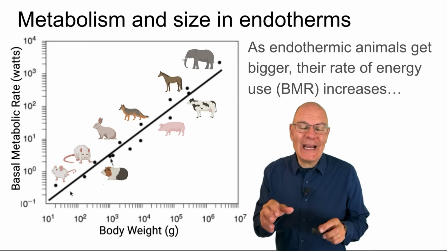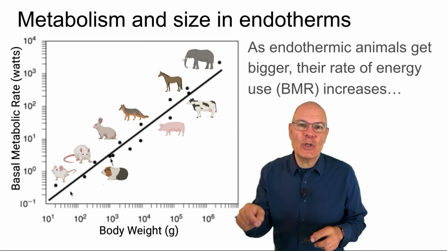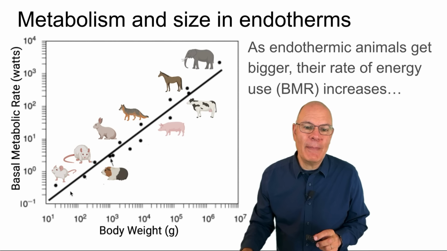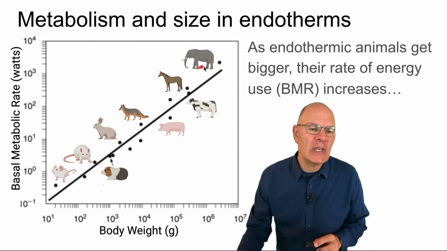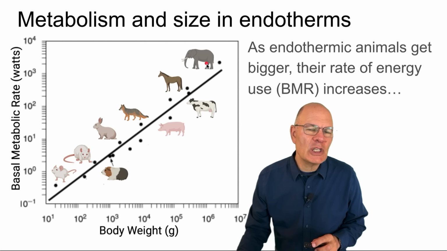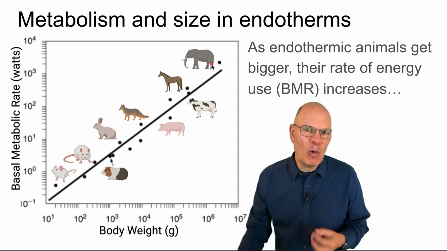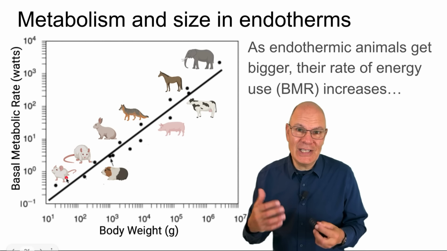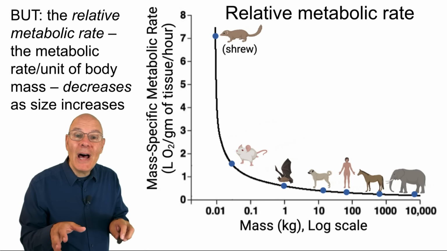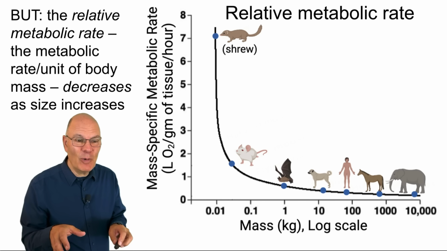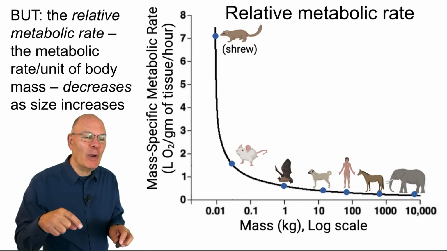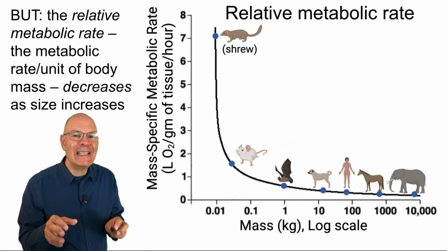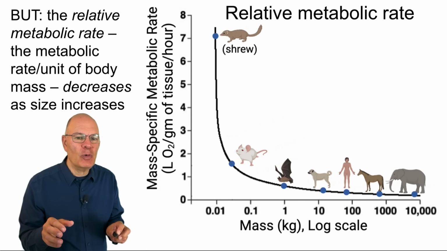As you would expect, as endothermic animals get bigger, their rate of energy use, their basal metabolic rate, increases. There's no surprise here. You'd expect an elephant to require a lot more energy than a mouse, and that's exactly how it works. But the relative metabolic rate, which is the metabolic rate per unit of body mass, decreases as size increases.